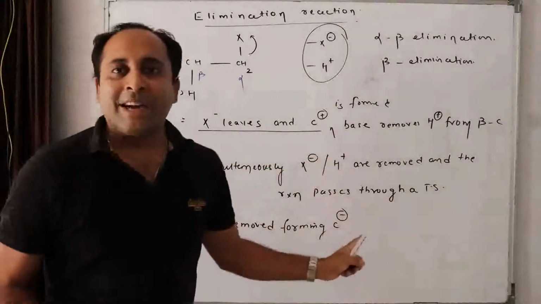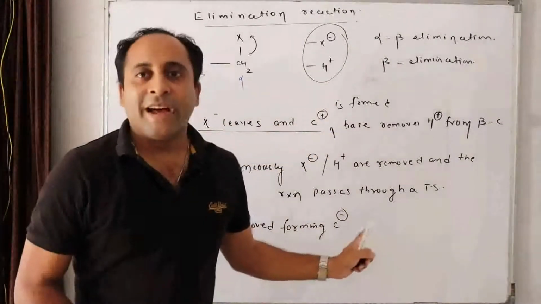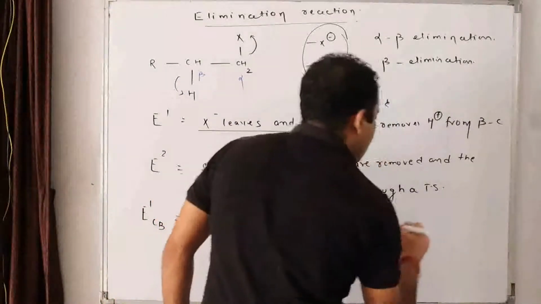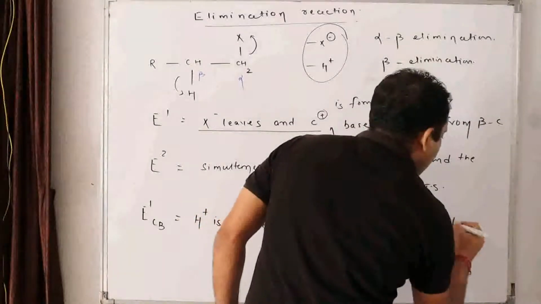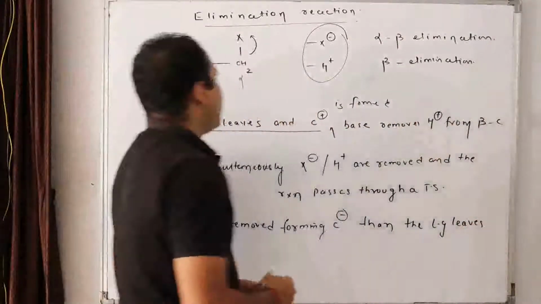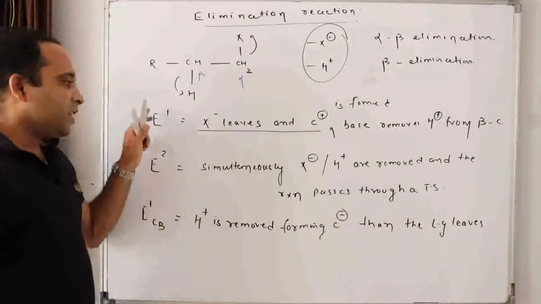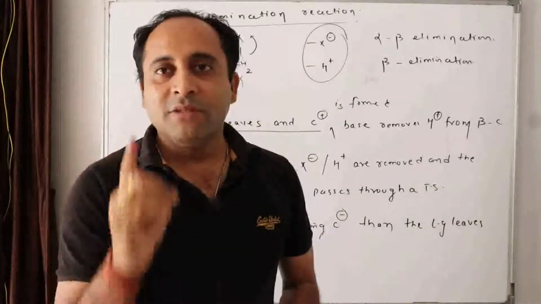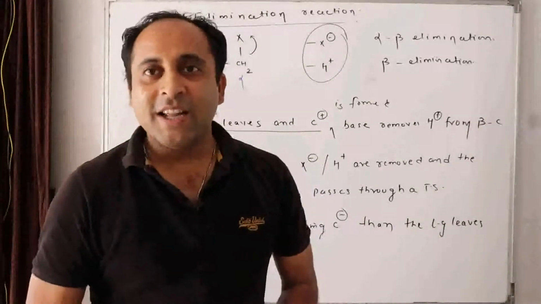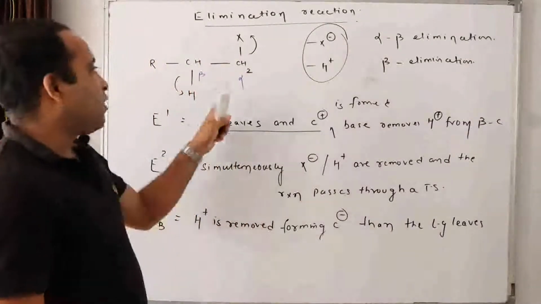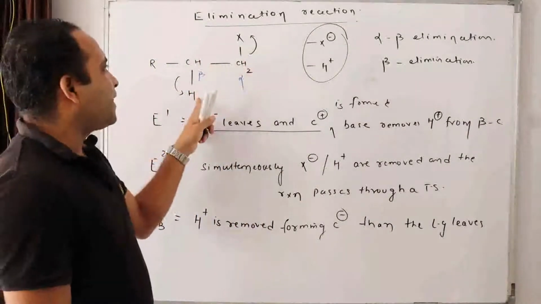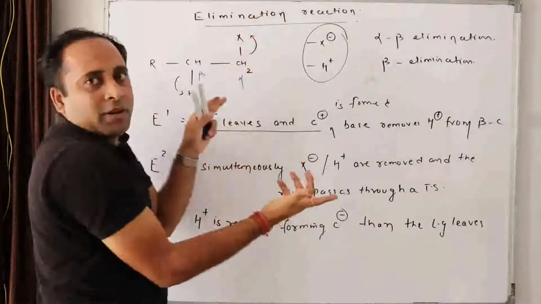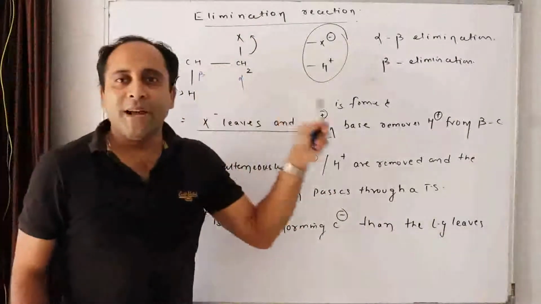A carbocation can rearrange, but for a carbanion we have already stated there is no chance of rearrangement. And then the leaving group leaves. So these are the three types of mechanism we are going to discuss: E1, E2 and E1cB. Clear? And why alpha beta elimination? Because X and H are removed from the alpha and beta positions, either simultaneously or one by one.